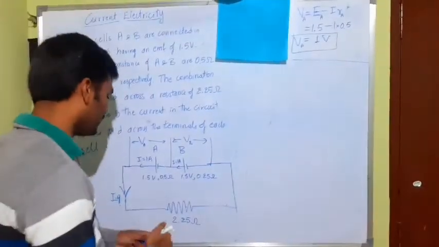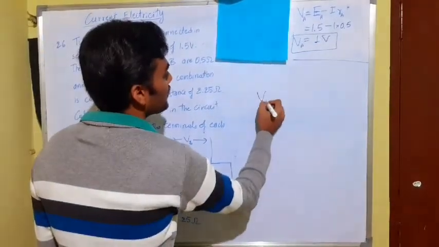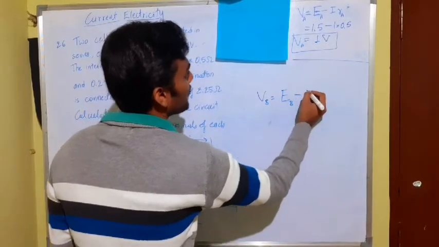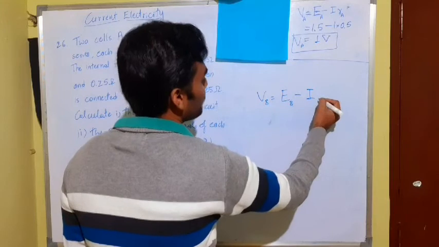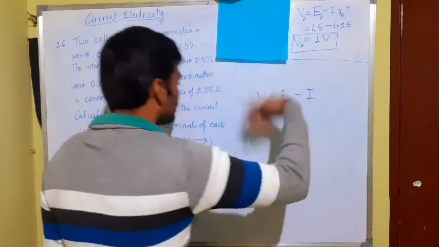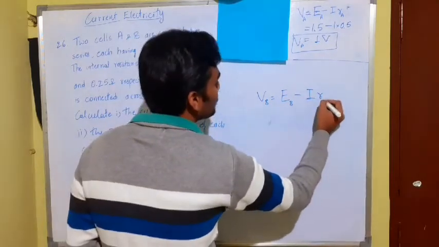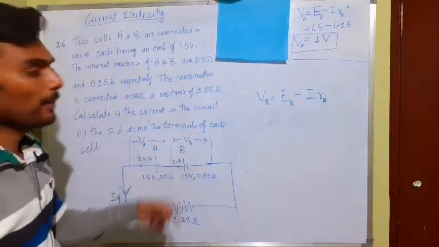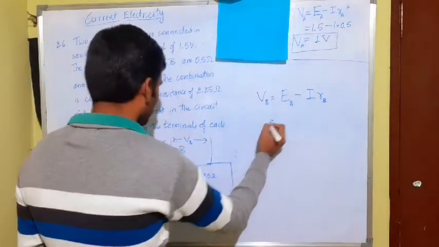Okay, solving for VB in the same way, I can write VB is equal to EB, EMF of cell B, minus current through cell B, which is the same as current through cell A and through the entire circuit, into RB, which is the internal resistance of cell B. So VB is equal to, what is EB?